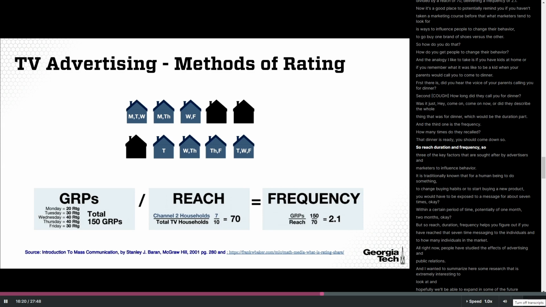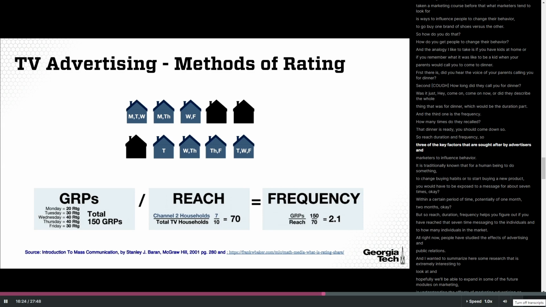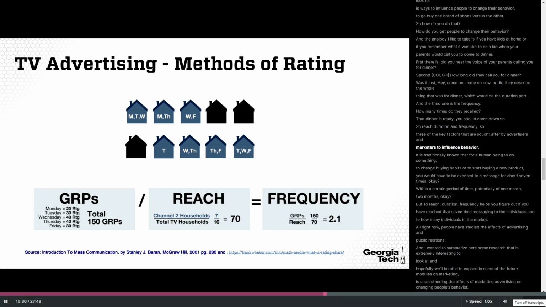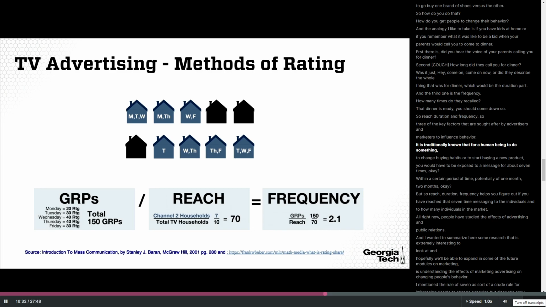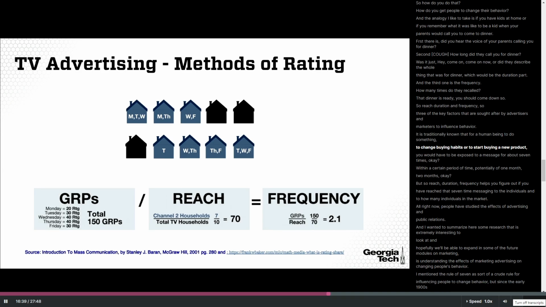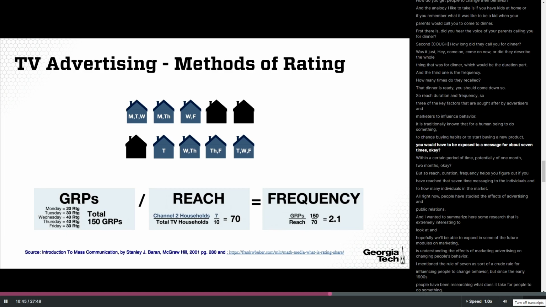So reach, duration, and frequency are sort of three of the key factors that are sought after by advertisers and marketers to influence behavior. And it's traditionally known that for a human being to do something, to change buying habits or to start buying a new product, they would have to be exposed to a message for about 7 times, okay?